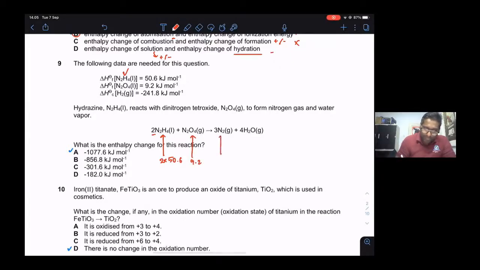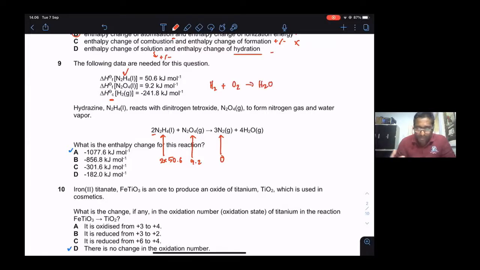Now do remember, I do not need energy to form nitrogen, so 0. Any elements, you no need to form, so 0. For water, there is no enthalpy change of formation given, but they have given the combustion. So first thing you do, you write down the equation for combustion: H2 plus O2 to give you water when they combust.